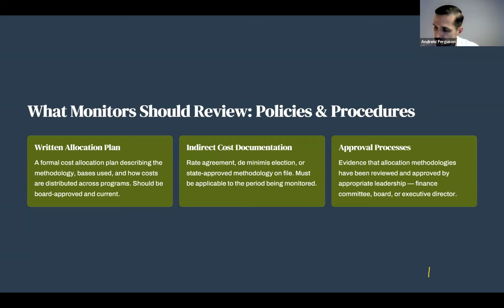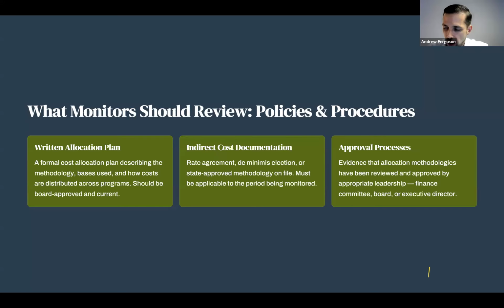That's a good question, Angela. Angela asked here in the chat, what are the best sources to reference in a monitoring report when there are cost allocation findings? The CSBG Act, Uniform Guidance, GAP, something else? Generally, it would not be GAP, just because that's not going to be applicable to the grants and cost allocation.